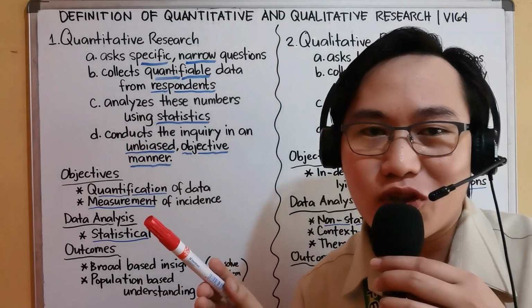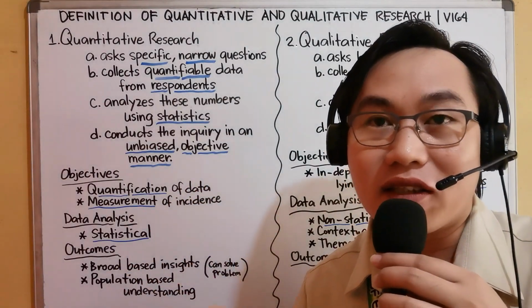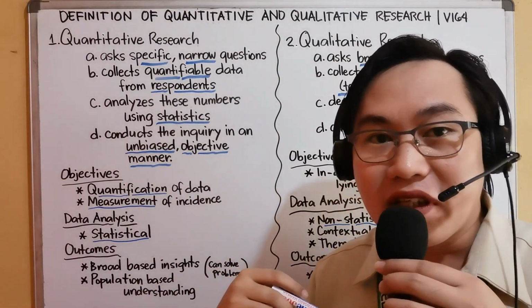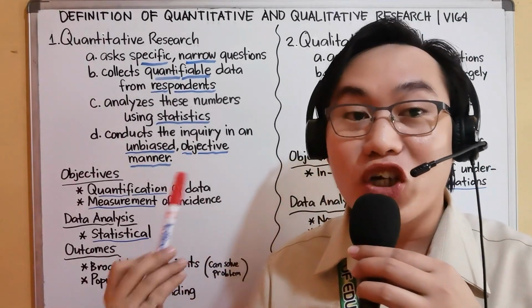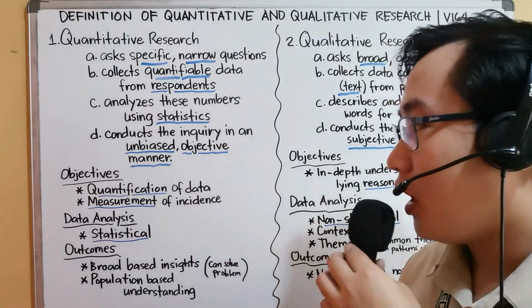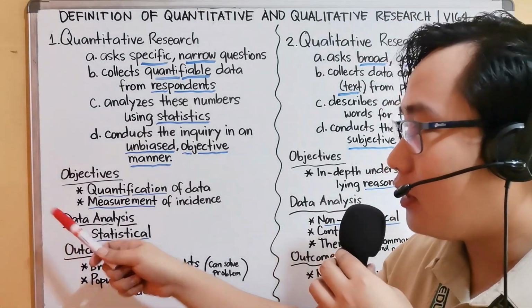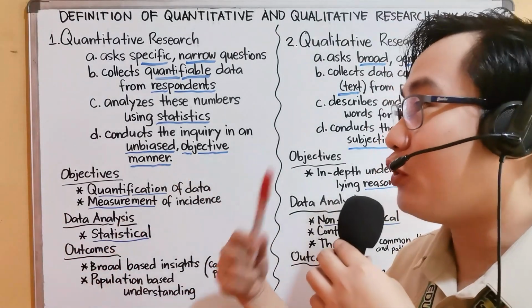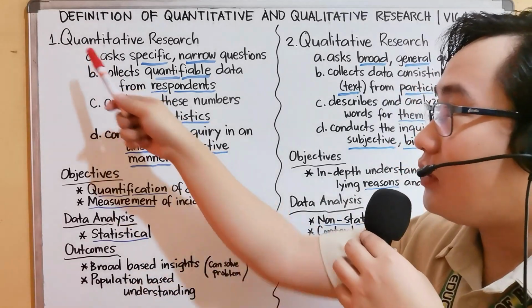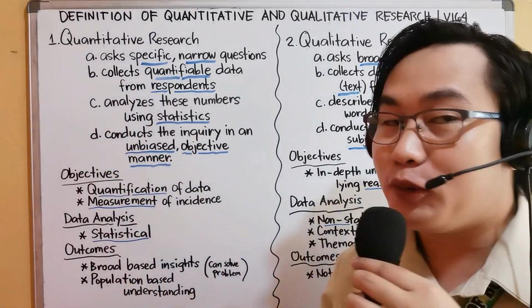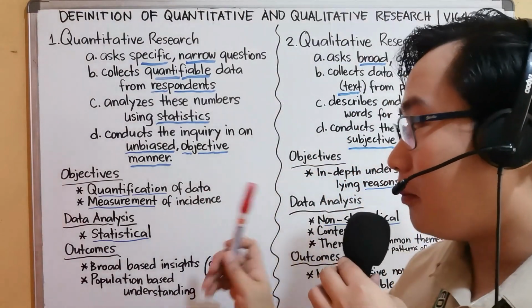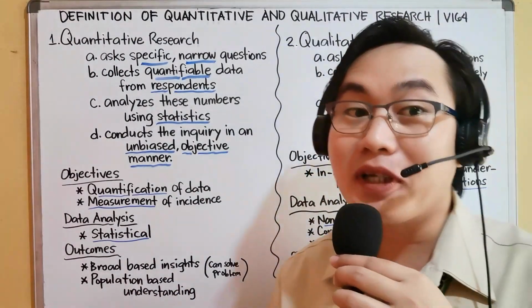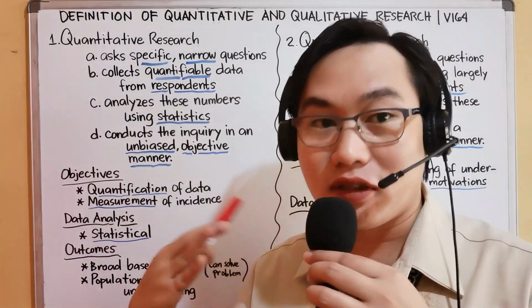Okay, sinabi ko na po sa inyo kanina that everything that can be quantified, everything that can be measured, yan po ang objectives ng quantitative research. Ang data analysis po, in using the interpretation of the data collected, quantitative research, ay gumagamit po tayo ng mga statistical tools, okay? Which is less ang chances natin na maging bias with our conclusion.